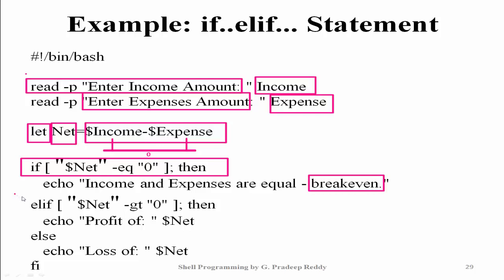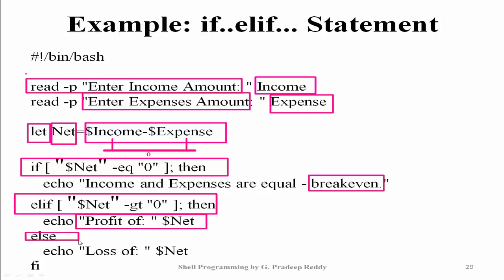Otherwise, by using else if, net is greater than 0, so then you have a profit and you are going to display net. Here by using else, it is going to show loss, and how much loss is incurred by the user, you are going to print the net. Net contains income minus expenses, and finally you are going to end with fi.